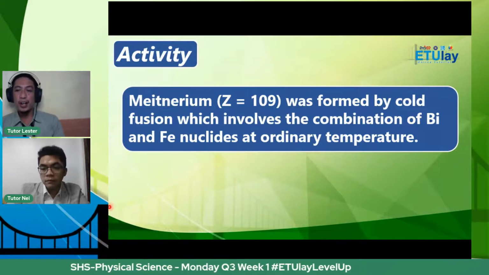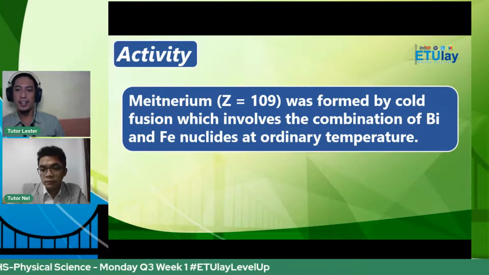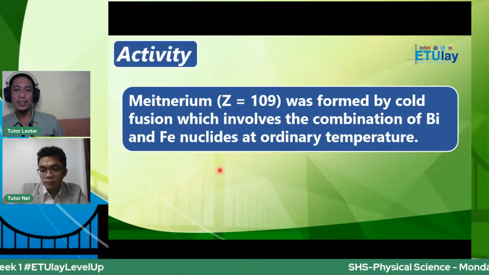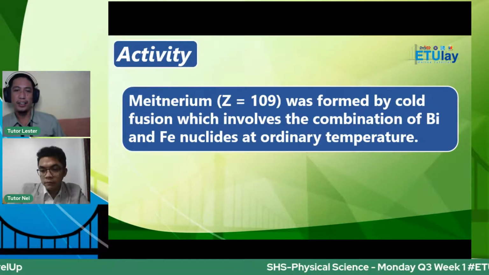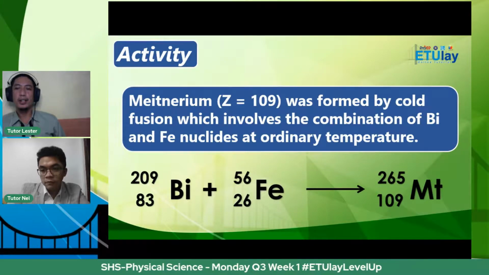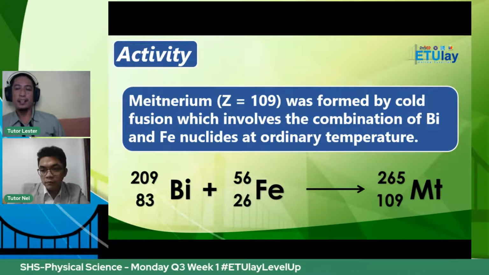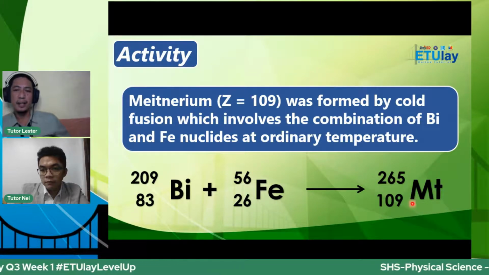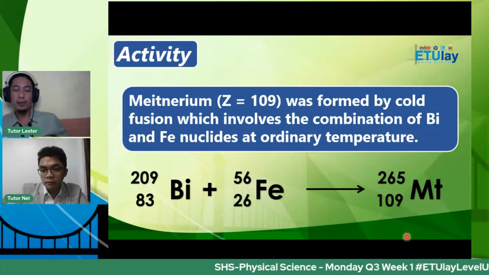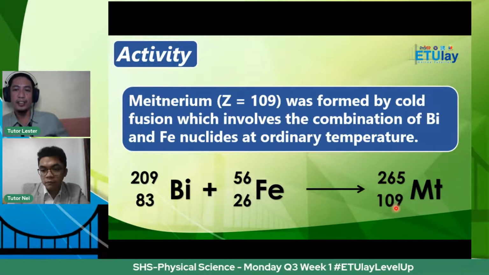So to check whether your answers are correct, I'm now presenting to you the equation. So ito po ang tamang equation. All right. So we have here in the product side meitnerium, which has an atomic number of 109.